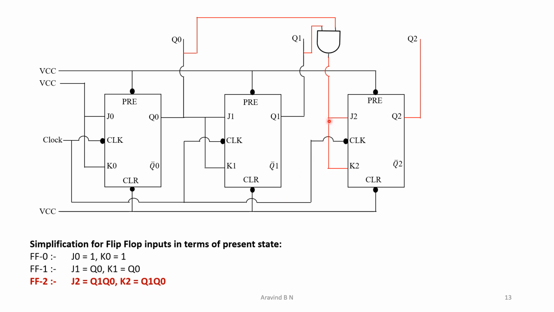Therefore, J2 and K2 are shorted. The corresponding output we are going to have is Q2. Right? So this is the connection making, or the circuit realization, of the synchronous counter, a step-by-step realization.